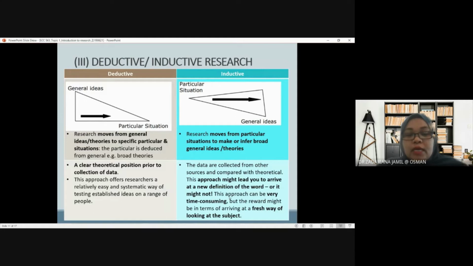It can be very time consuming because it goes from a very focused area to a very broad idea, so you need to get more data. But the reward might be arriving at a fresh way of looking at the subject, because you will have a very large sample.